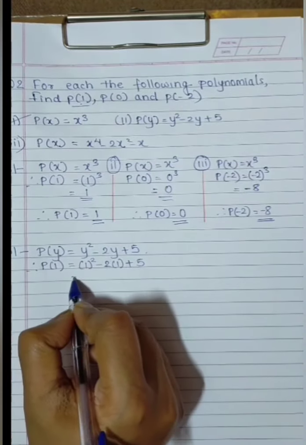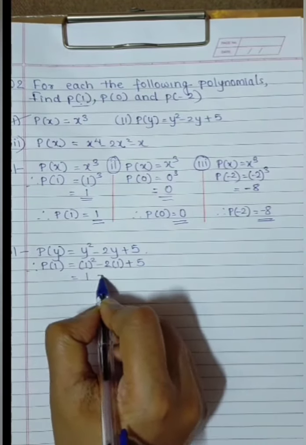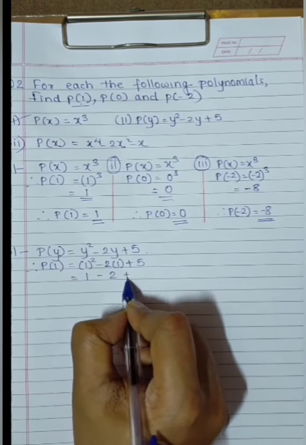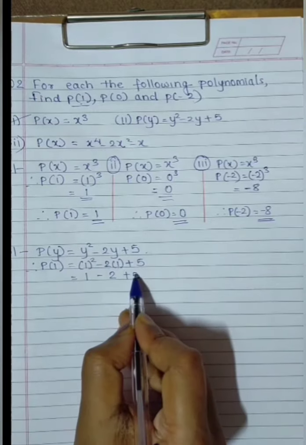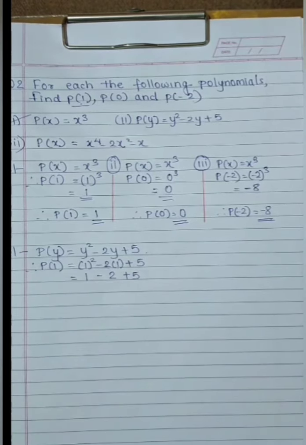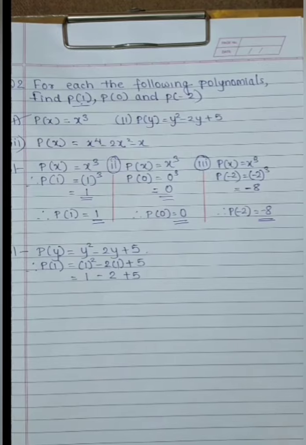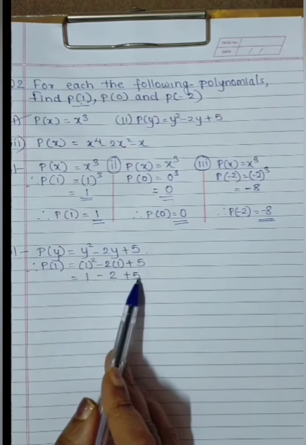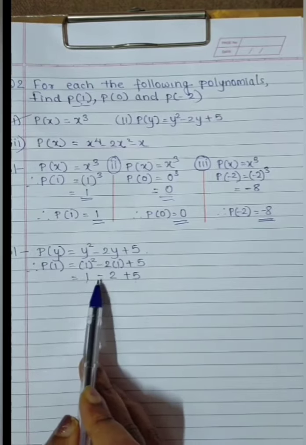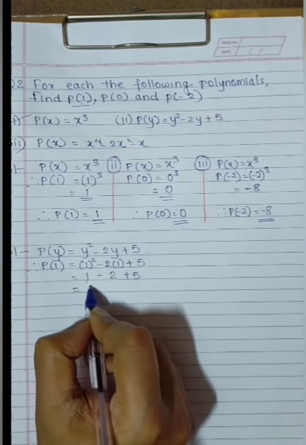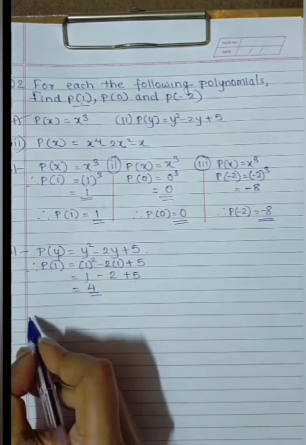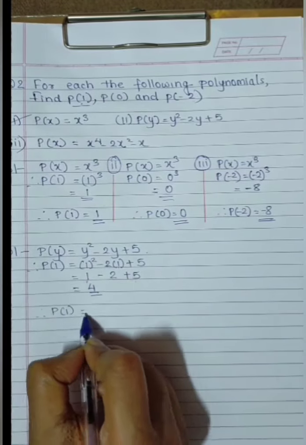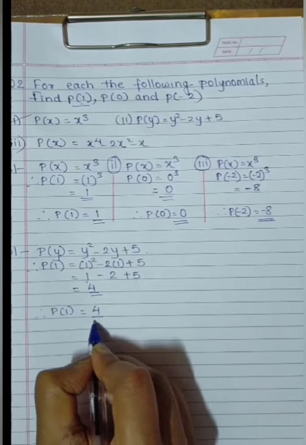Now here 1 square is 1 itself, minus 2 into 1 is 2, plus 5. Both plus will become 6, 5 plus 1 is 6. 6 minus 2 is 4. So therefore p(1) is equal to 4.